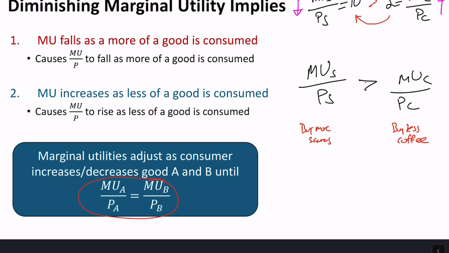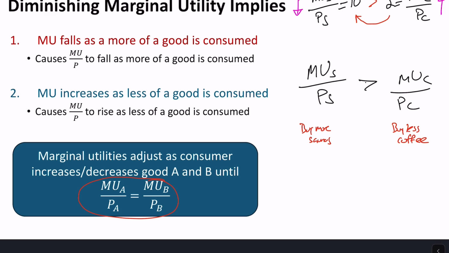And as we buy less coffee, what's going to happen to our marginal utility of coffee? Because this is the only thing that can change here. As we buy less coffee, that marginal utility is going to increase, because we have diminishing marginal utility. As you consume less, your marginal utility goes up, because as you consume more, your marginal utility goes down. So if you consume less, your marginal utility goes up.